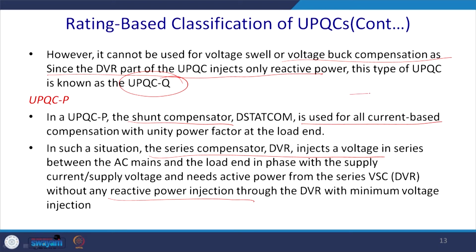So, ultimately if you inject in phase, generally A plus B, C is maximum when it is in phase. So, for this reason it is more effective vectorially. But it is required to flow the real power, that is the challenge, thus the device rating is required to be higher in case of the P type of UPQC.